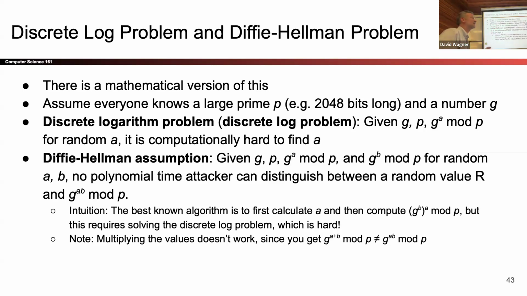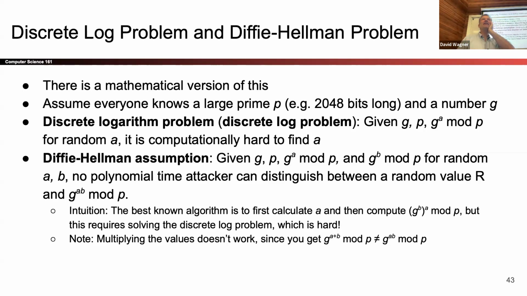And we're going to use that together with this paint mixing idea to get an algorithm that Alice and Bob can use to end up with a shared key. The idea is, instead of mixing paint, we're going to raise to a secret power.